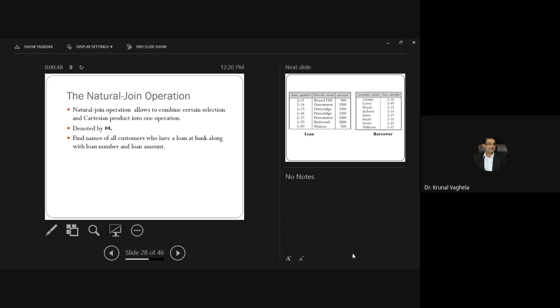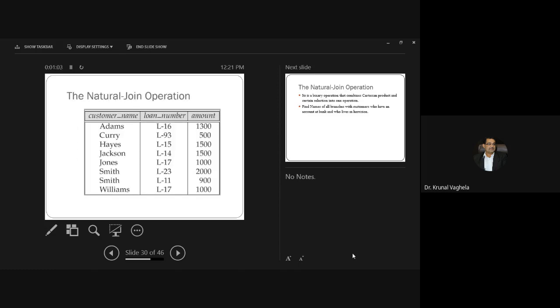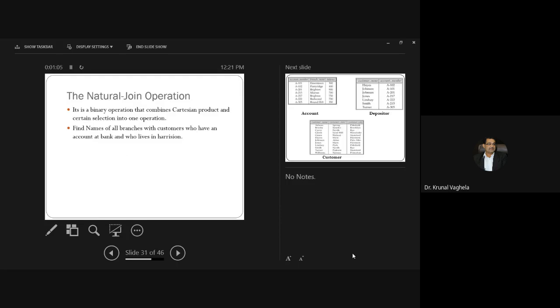And we have seen a few queries, such as finding the names of the customers who have a loan at the bank along with the loan number and loan amount. So we have seen the Cartesian product with the help of the natural join operation. It's a binary operation that combines Cartesian product and certain selection into one operation.